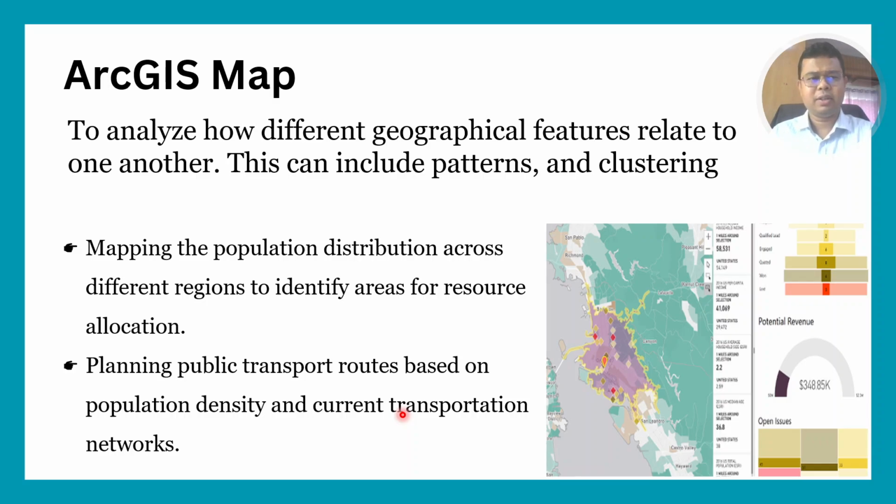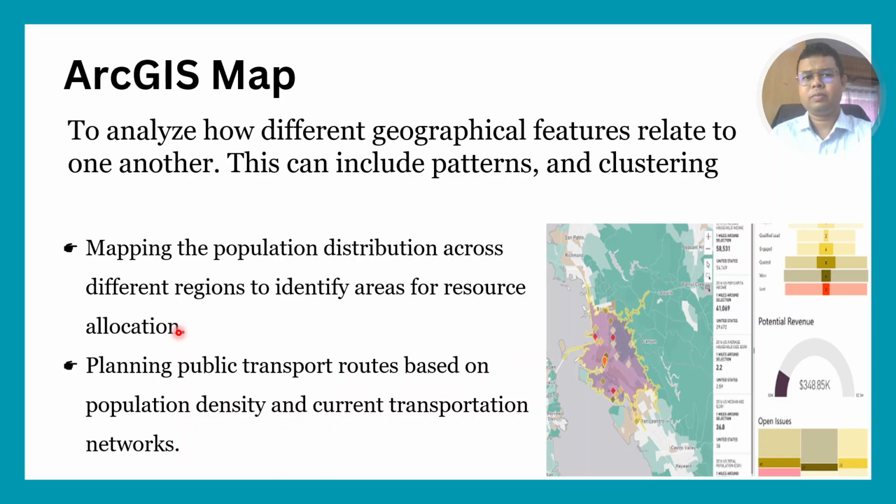The next one is ArcGIS map. To be honest, it is quite critical, and its application is vast, right? So using the ArcGIS map, you can analyze how different geographical features relate to one another. These features could be a pattern, cluster, or any others. For example, mapping the population distribution across different regions to identify areas for resource allocation.